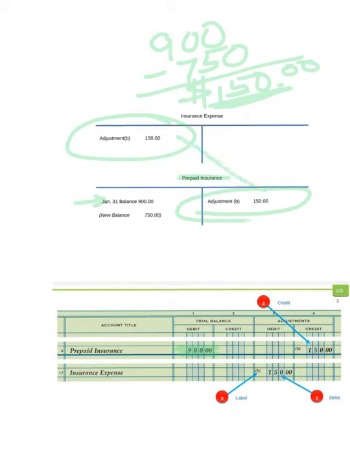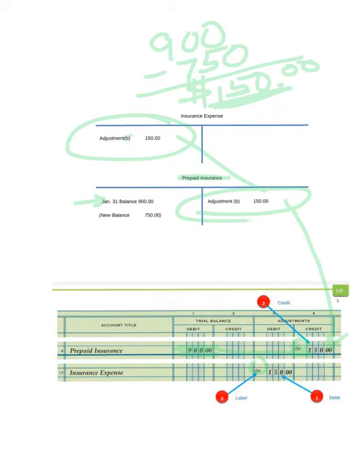Life is good. And now we simply enter that into our adjustments column. Because this is our second adjustment, we'll label it adjustment B. For prepaid insurance, our adjustment was a credit of $150, so we'll record it in the credit column adjacent to prepaid insurance at $150.